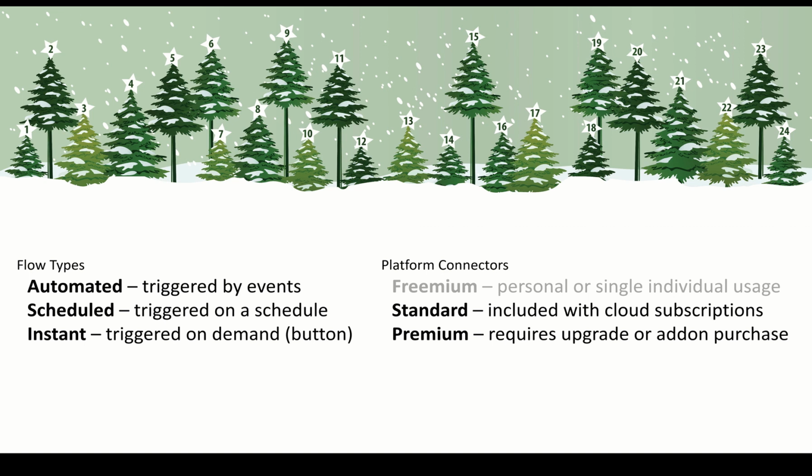Then there's scheduled. Scheduled flows are more about calendars. You can trigger a flow to start the first of every month, or every week on Monday at 8 a.m., or every night daily at midnight. I love using scheduled flows for reporting. I can give people a list of the newest opportunities that are pending.